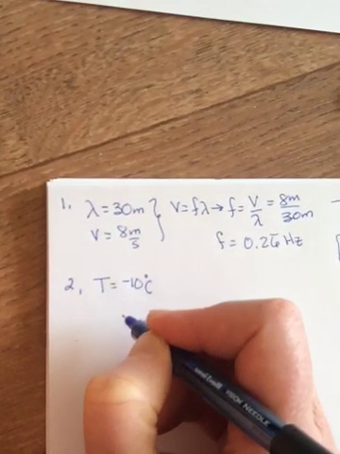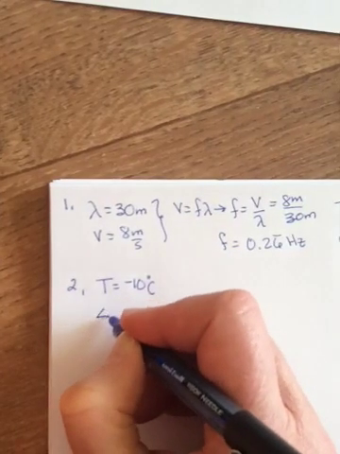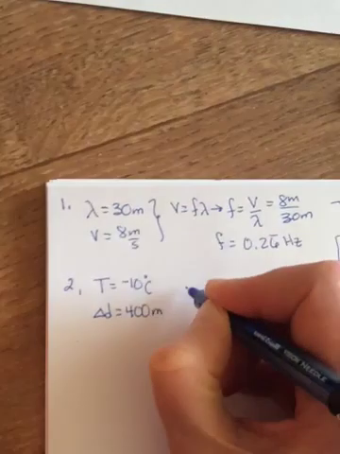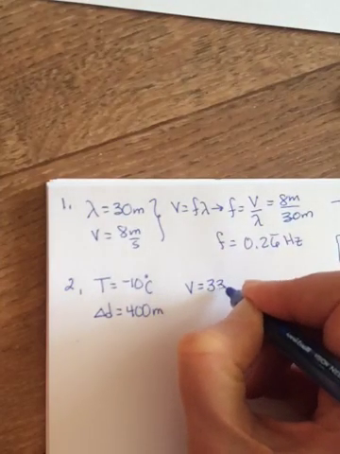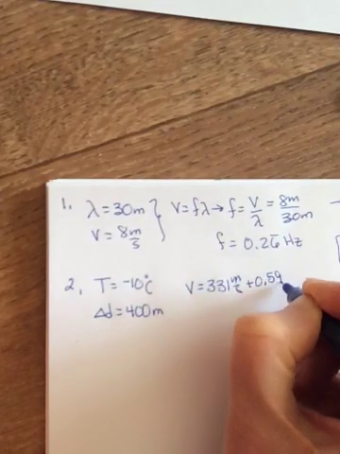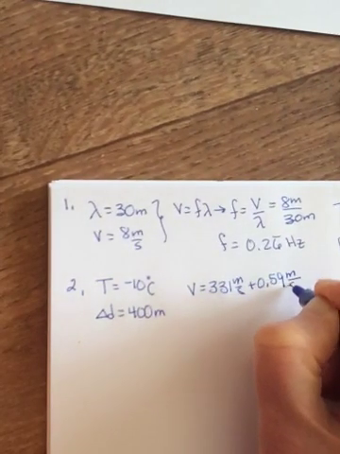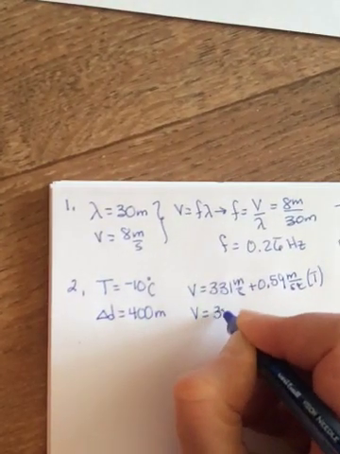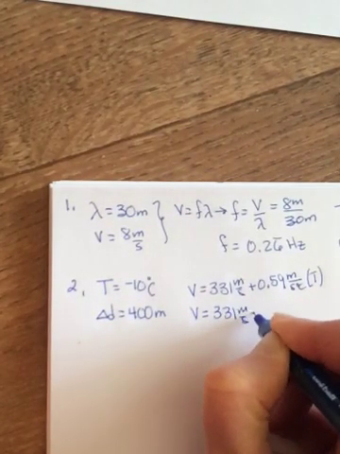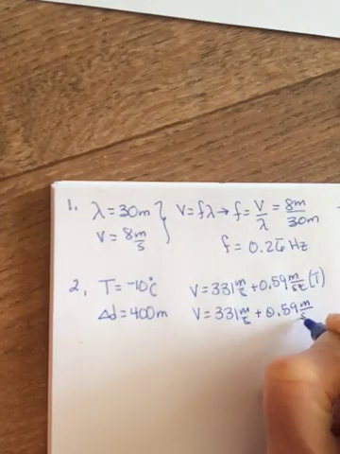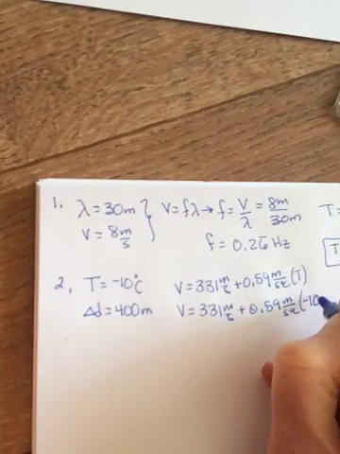And then how long would it take sound to travel 400 meters at this temperature? Delta D is 400 meters. So first v is equal to 331 meters per second plus 0.59 meters per second degrees Celsius times the temperature. So 331 meters per second plus 0.59 meters per second degrees Celsius times negative 10.